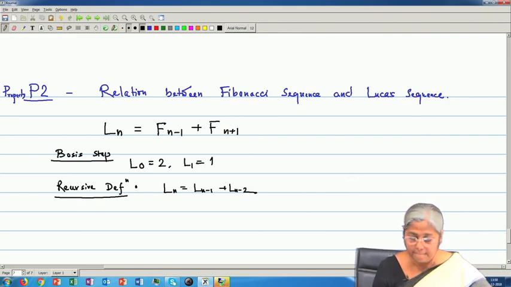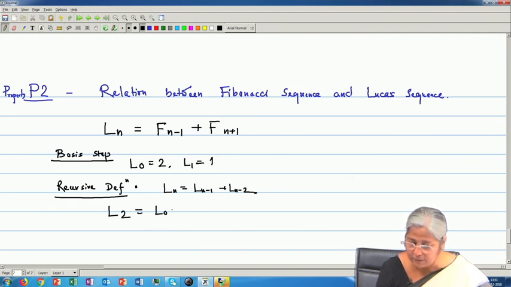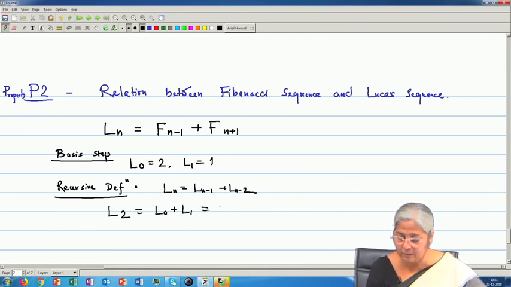So, I can find that L 2, since L 2 is L 0 plus L 1, and we have seen already the numbers are 3 etcetera.